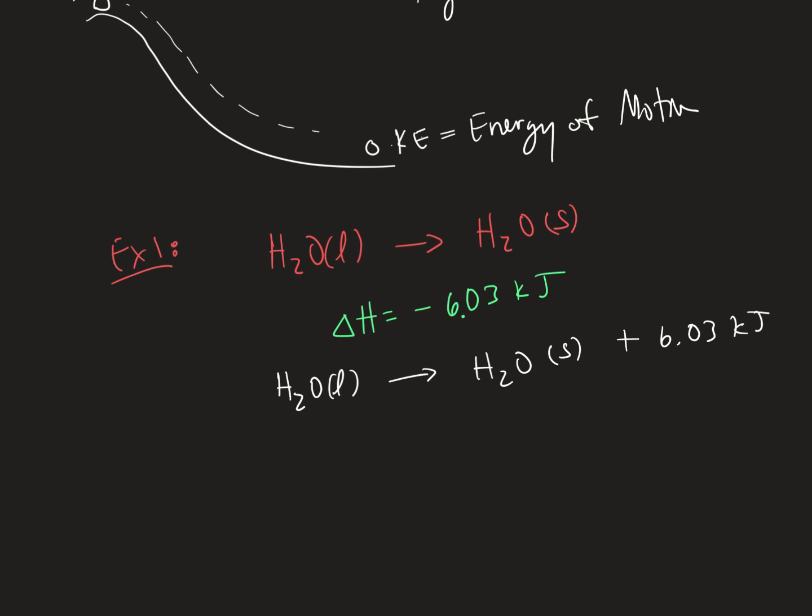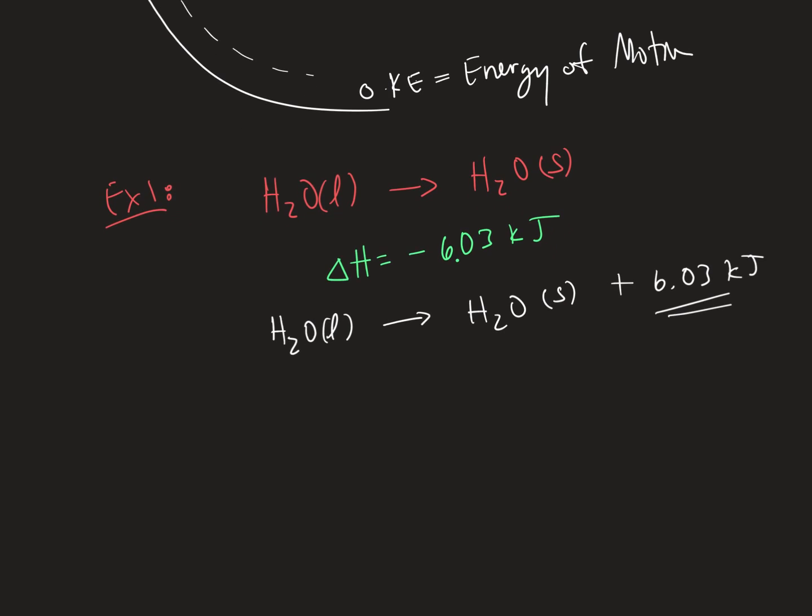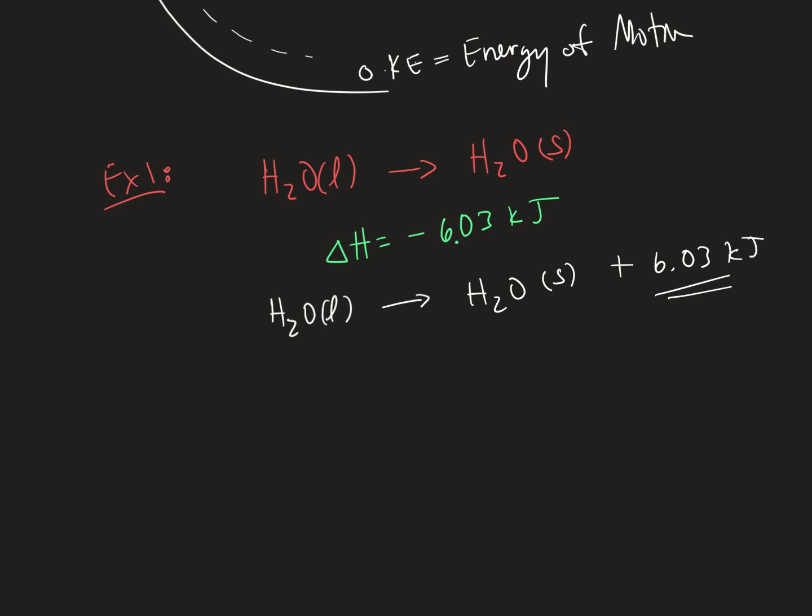That means heat has to be on the product side. Are we good? Okay. So if you were to only give us what you have in white and ask us the delta H, we'd have to put negative 6.03 instead of just writing it. And I probably won't ask that, but yes.